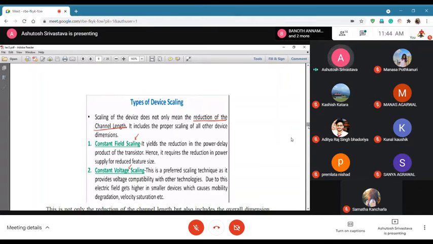We will see probably in the next class a little bit in detail about this constant field and constant voltage scaling. Now, because of this constant voltage scaling, you have the ill effects, namely the mobility degradation and the velocity saturation.